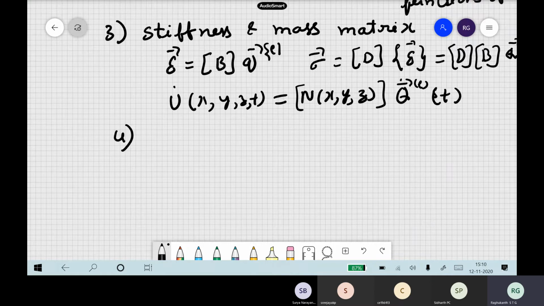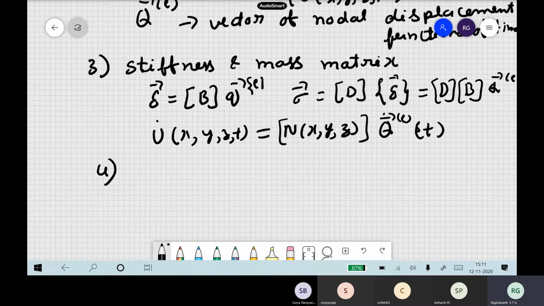Now how do you find the stiffness matrix and mass matrix for these dynamics problems?